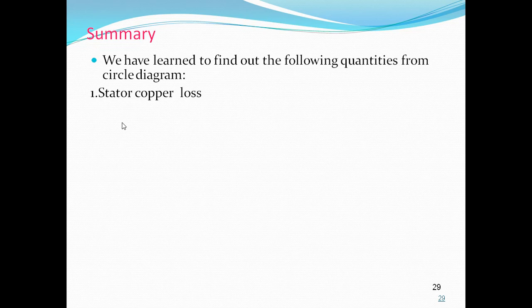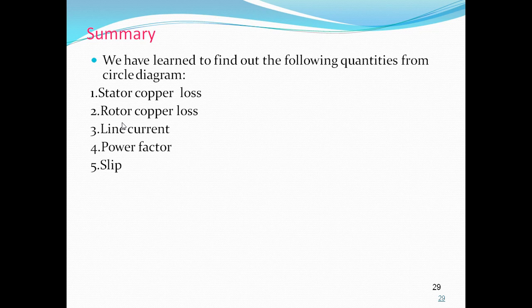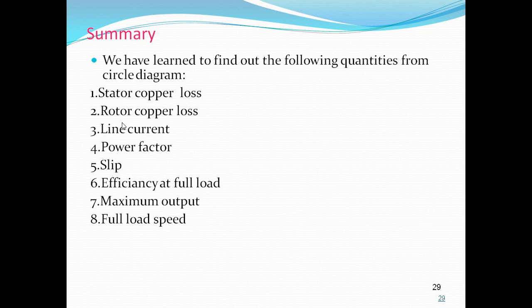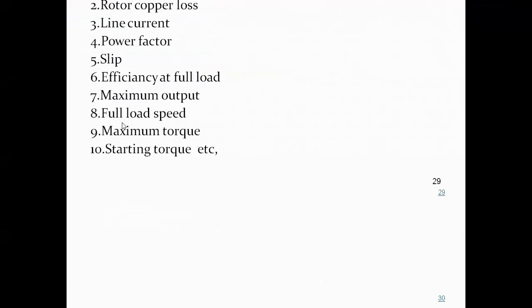So what can we find out from the circle diagram? We can find out stator copper losses, rotor copper losses, line current, power factor, slip, efficiency at full load, maximum output, full load speed, maximum torque, and starting torque.